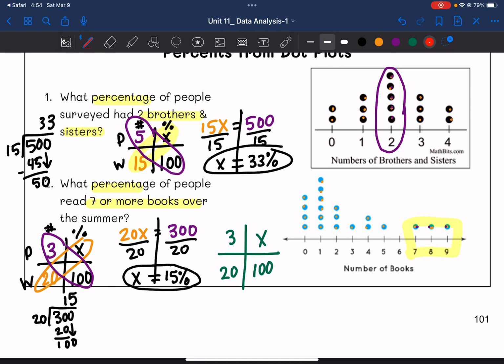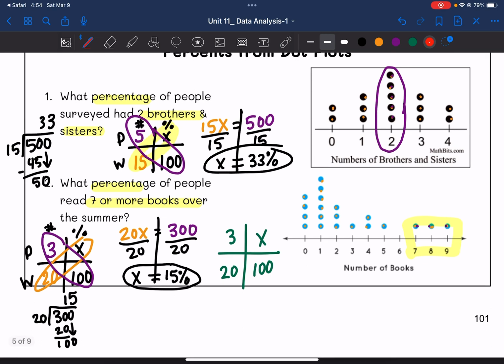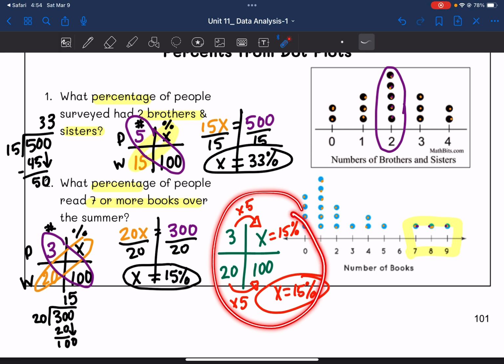It's not going to be easy for me to multiply 3 by something to get to 20, but I know that if I take 20 and I multiply that by 5, that's going to give me 100. So that means on the top, I would have to multiply 3 times 5 to get 15%. So x is equal to 15%. Done.